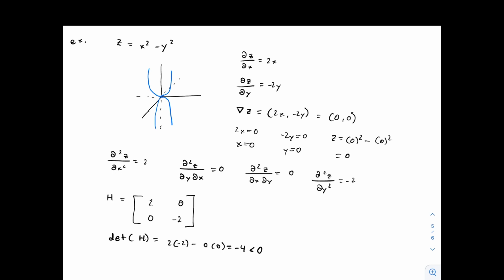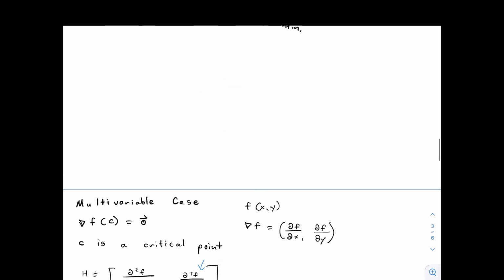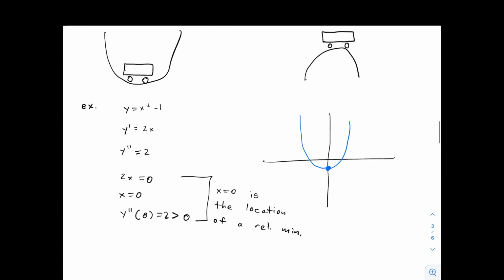There are two more points I wanted to bring up. The first one being that both in the single variable case and in the multivariable case, these tests are not always conclusive. So jumping back to the single variable case, right here.